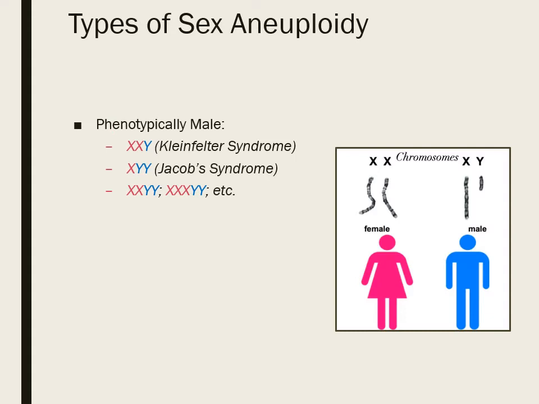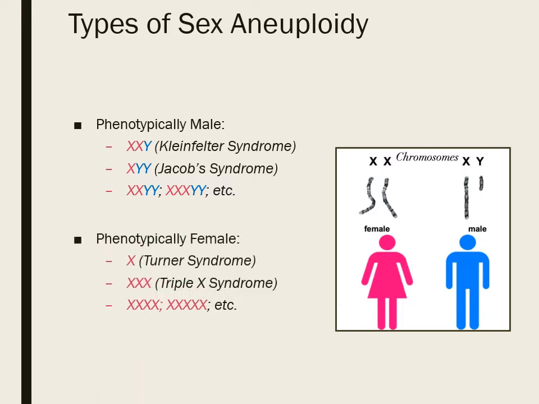In general, individuals who are phenotypically male and have sex aneuploidy either have Klinefelter syndrome, where they're XXY, meaning they have an extra X, Jacob syndrome, where they're XYY, meaning they have an extra Y, and then there could be some additional combinations of more than 3 sex chromosomes, which are increasingly rare.